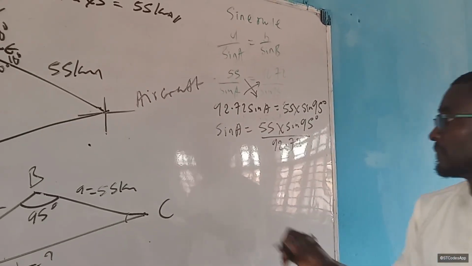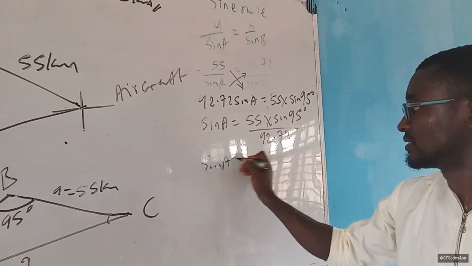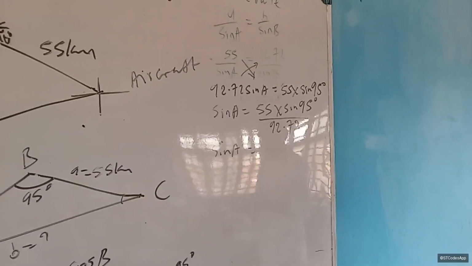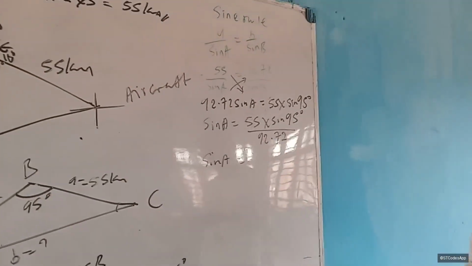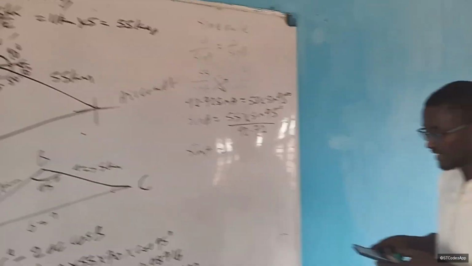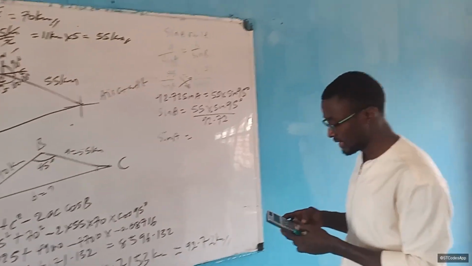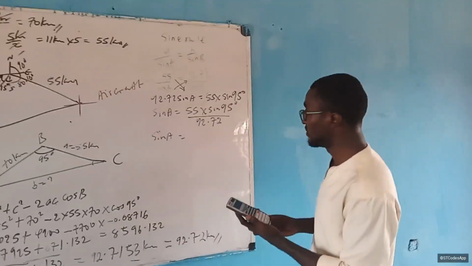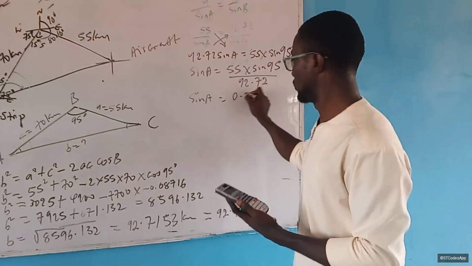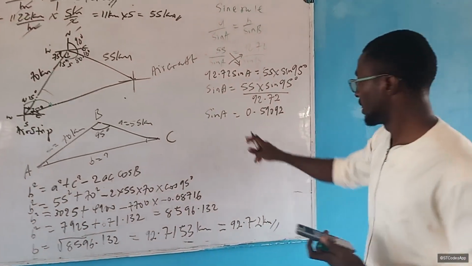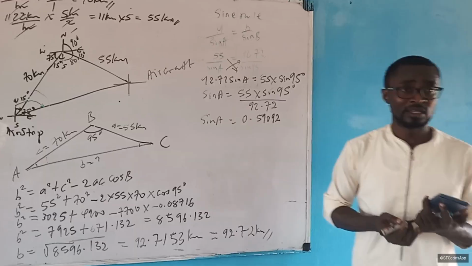Now what do we have? Let's multiply this out. We have 55 sine 95, then divided by 92.72. Everything is giving us 0.59092. Now, how do we make this A the subject?